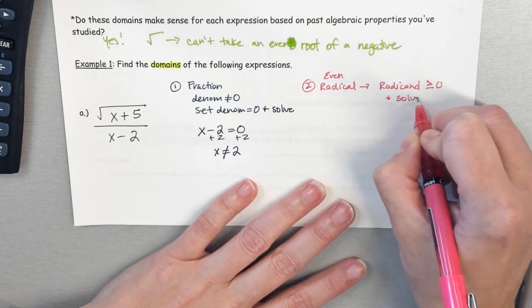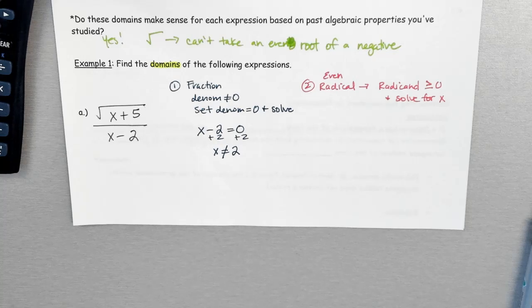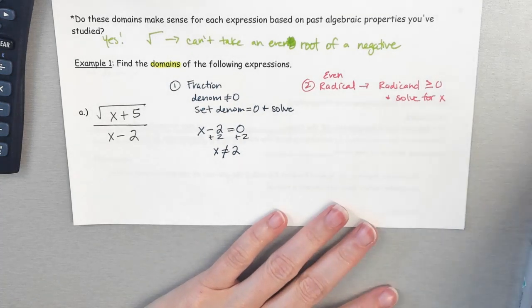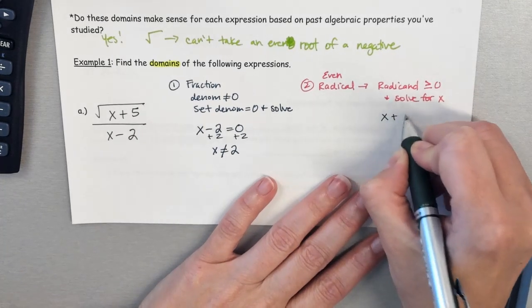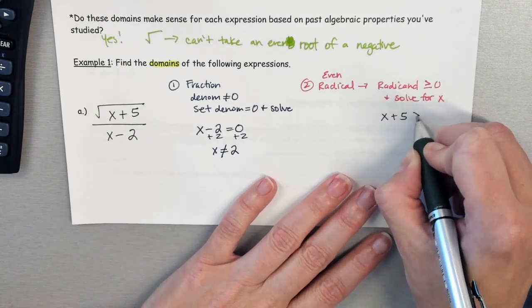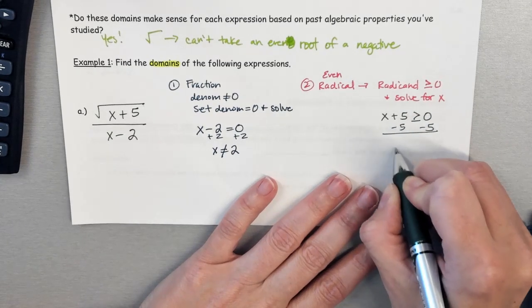And again, we're going to solve for x. Okay, and then it'll be greater than or equal because it is in the numerator, not in the denominator. All right, so if we do that, we have x plus 5 is greater than or equal to 0. Subtract 5 from both sides.